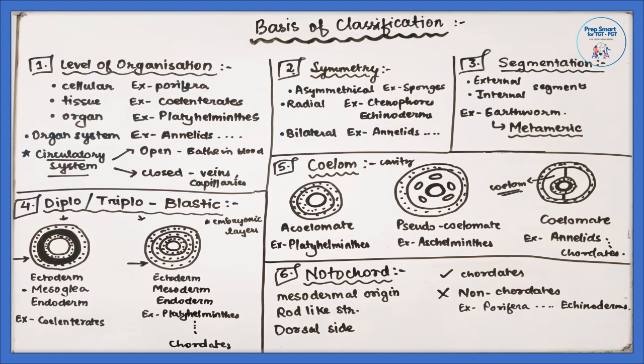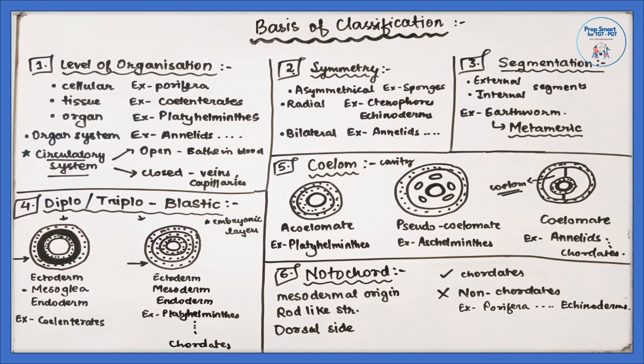Next is organ system level, a group of organs working together to form an organ system. Organs such as stomach, intestine, etc. work together and constitute the digestive system. Examples are annelids to chordates.